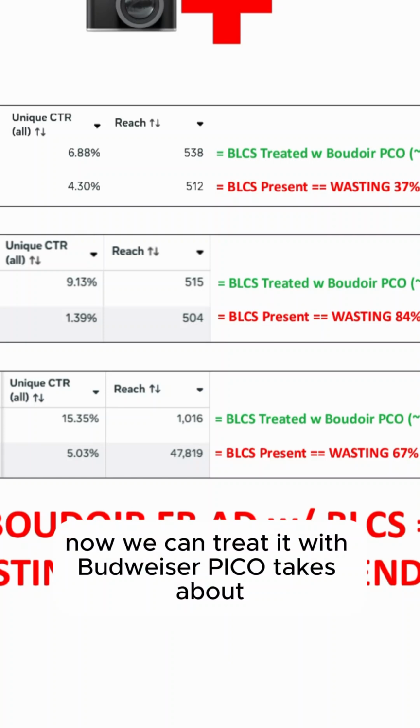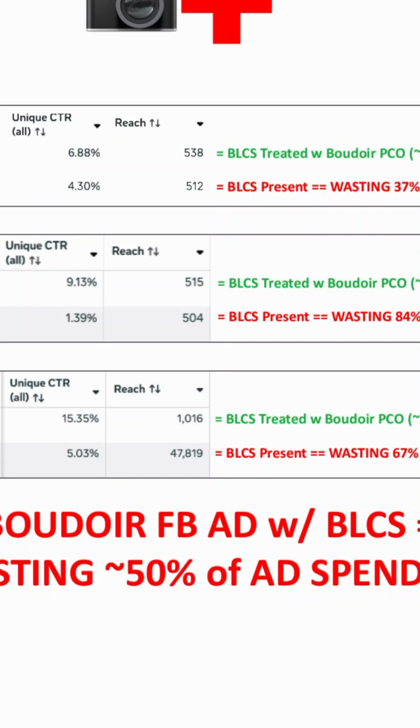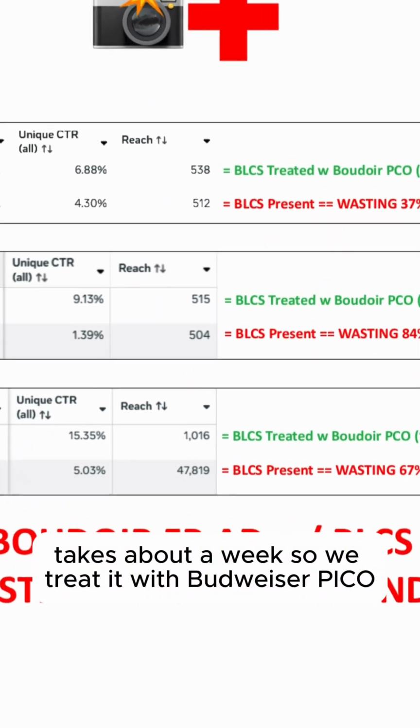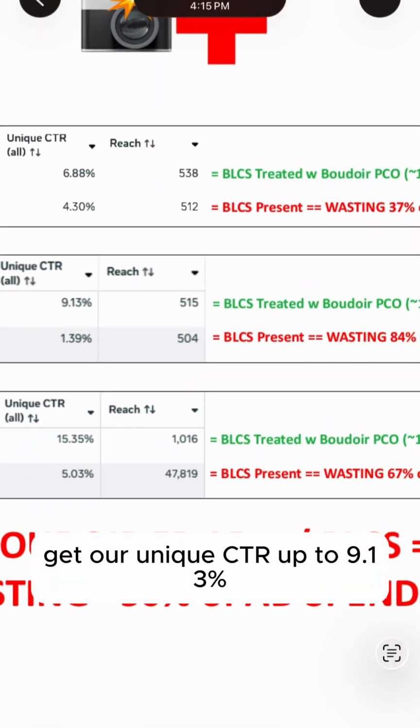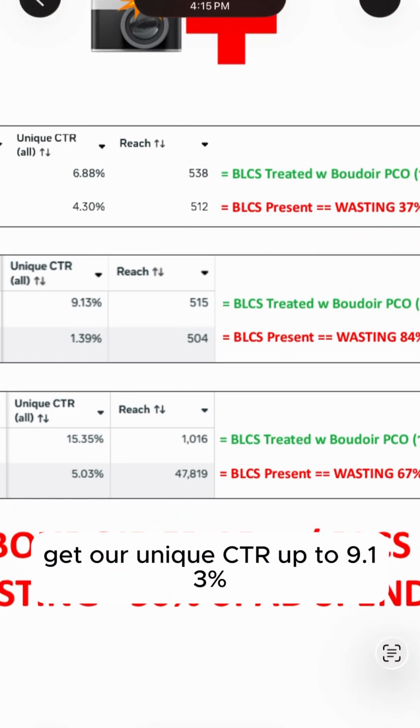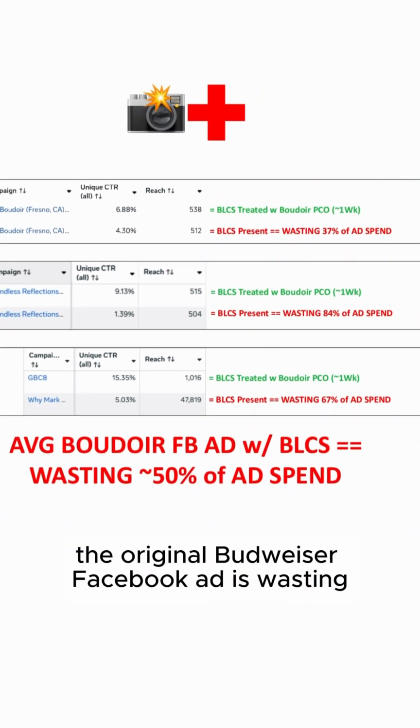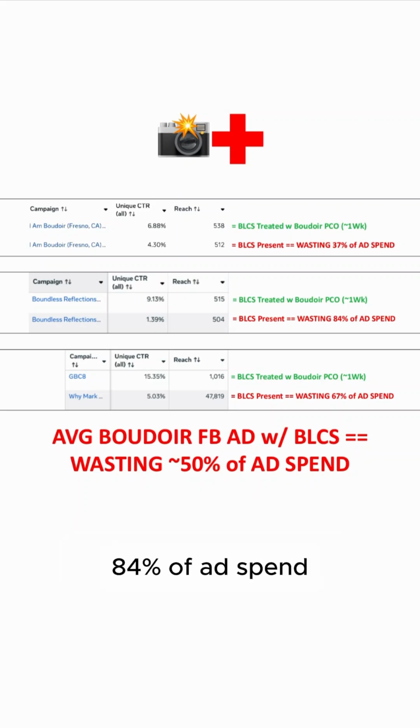Now we can treat it with Boudoir Pico. Takes about a week. So we treat it with Boudoir Pico, get our unique CTR up to 9.13%, and we found out the original Boudoir Facebook ad is wasting 84% of ad spend.